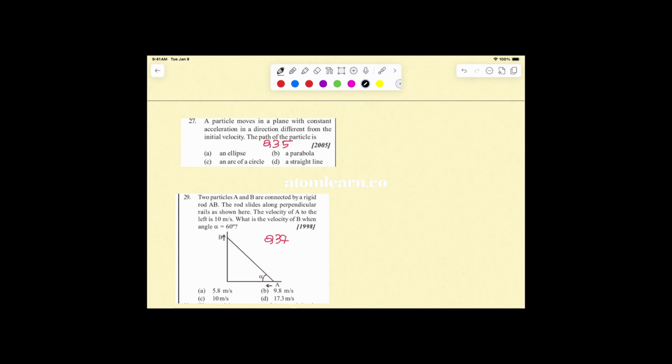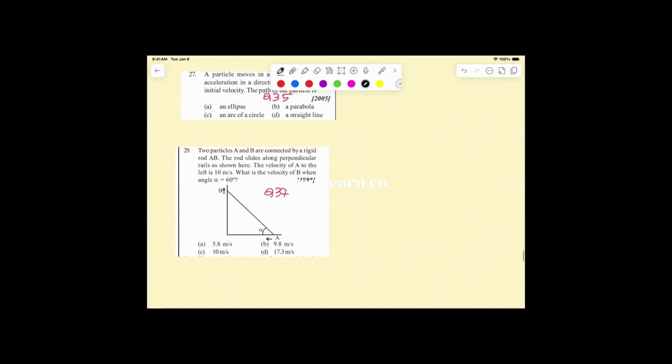That means the initial velocity is oblique to the constant acceleration direction. Therefore we already know the path of the projectile is a parabola. Here also the initial velocity direction is different from the constant acceleration direction, so this has to produce a parabolic path. Therefore you can tick parabola, option number B.